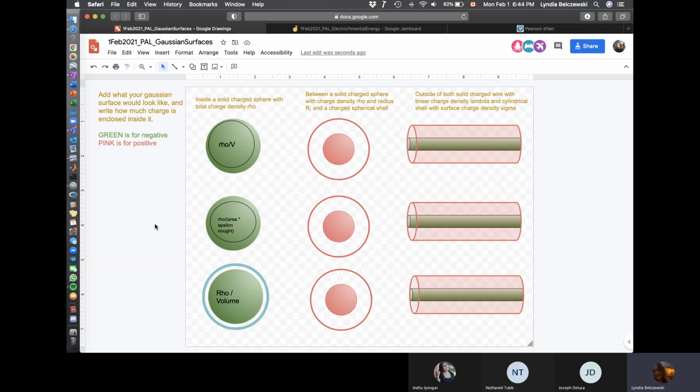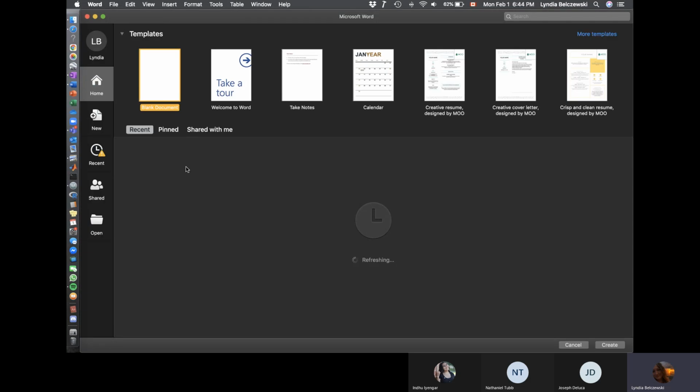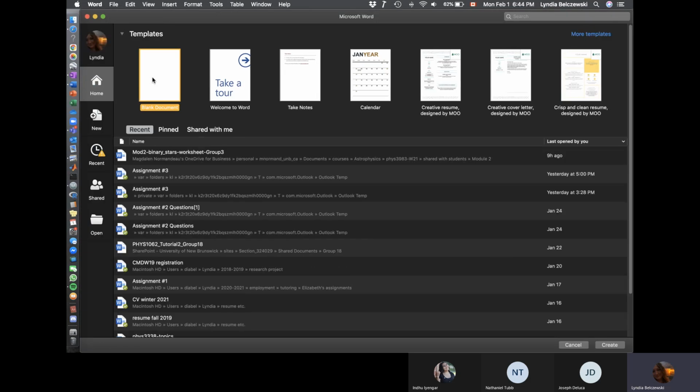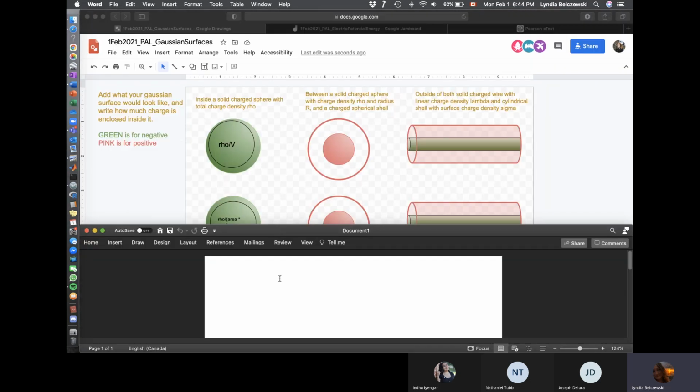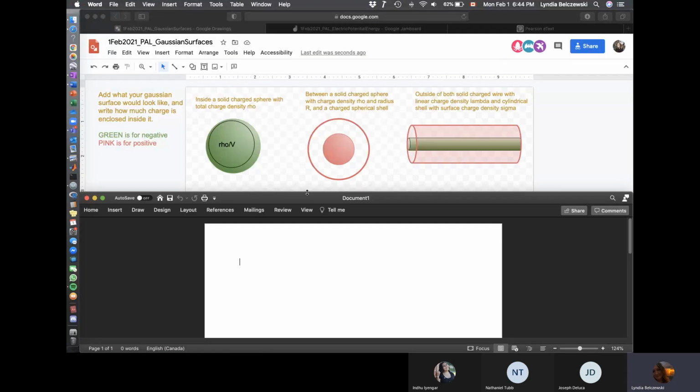So now as to how much charge is inside, I think I'll open a Word document to type it out, because that'll be easier than trying to understand me writing it in the Google Draw.